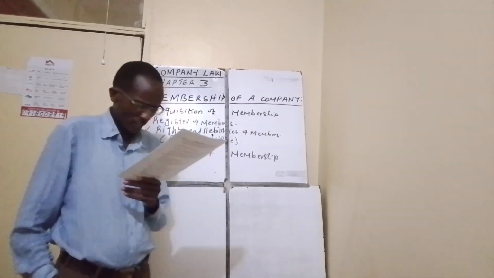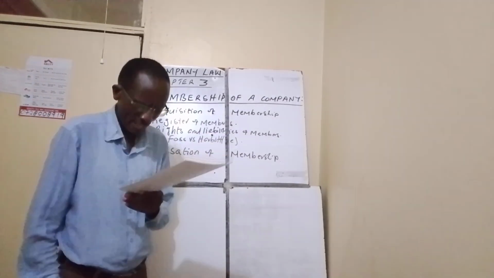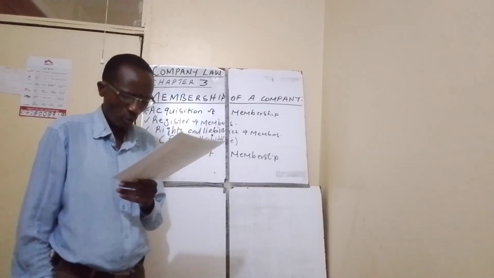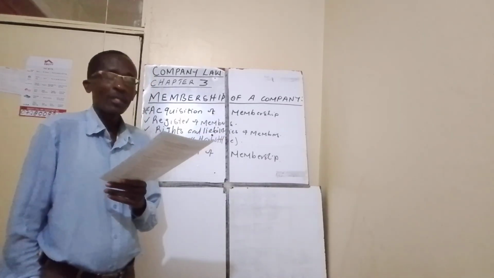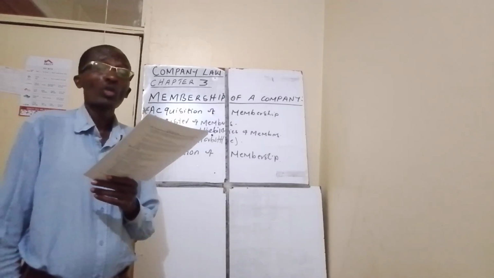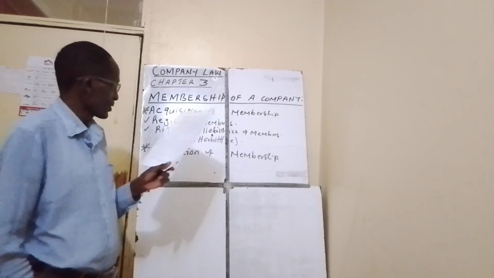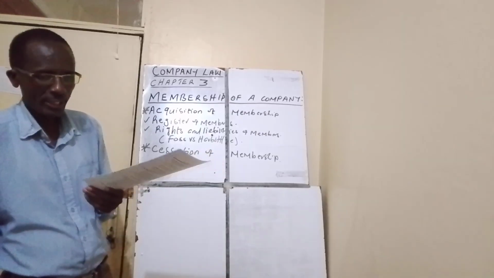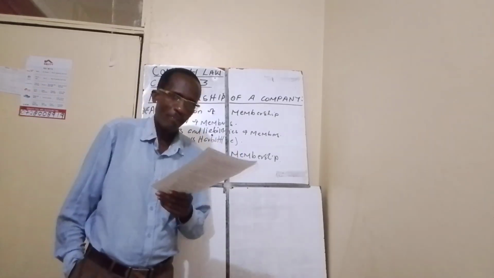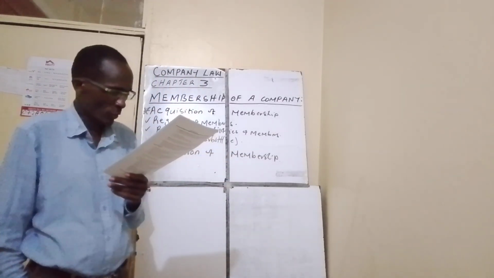A company's register of directors is required to contain the following particulars in respect of a director who is a natural person. We've discussed the contents of the register of members. Now, the register of directors should contain: 1.